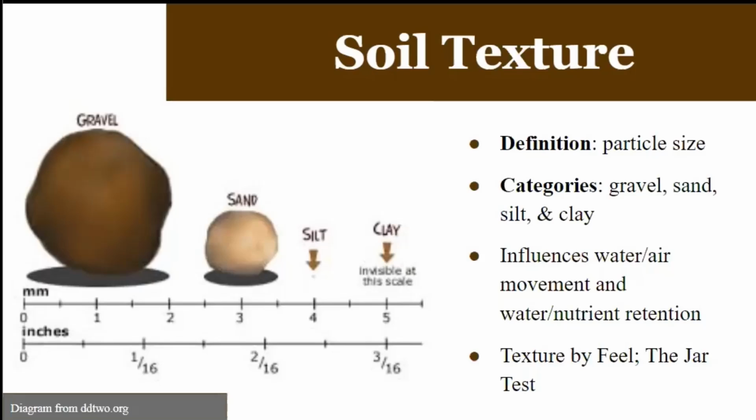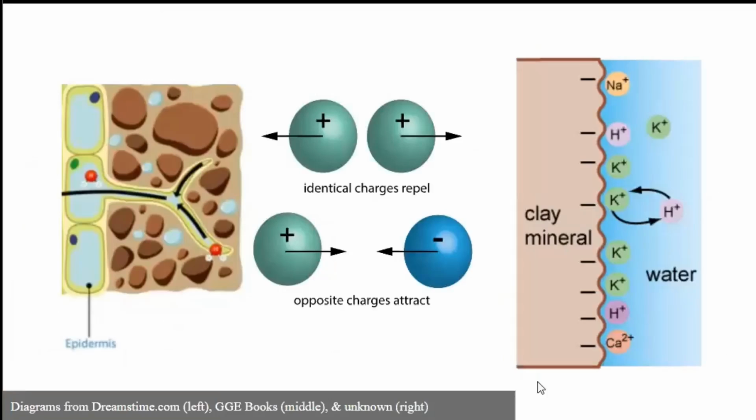Texture influences how well water can move throughout the soil and how well soil can retain water and its accompanying nutrients, which are often attained by the plant as ions, which is why in the image that I showed of the site, there were all these little ions floating around in the water. This connects back to something I was talking about last week when I was mentioning ions and roots.